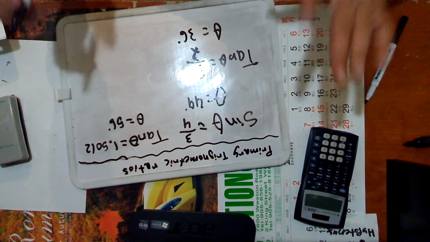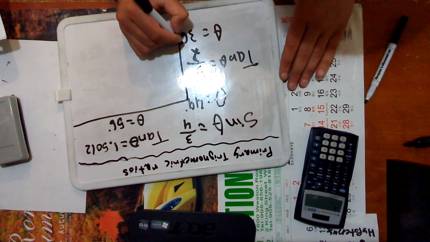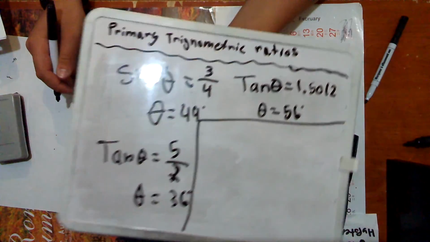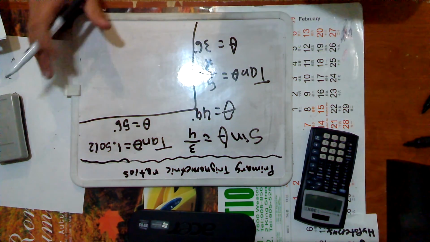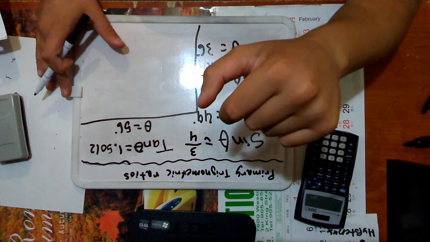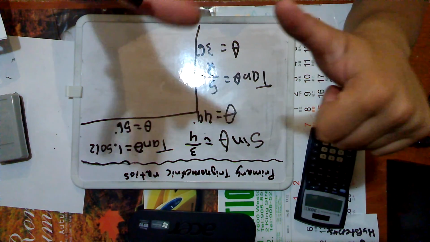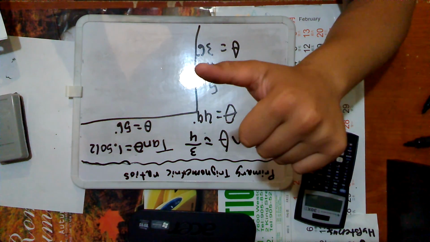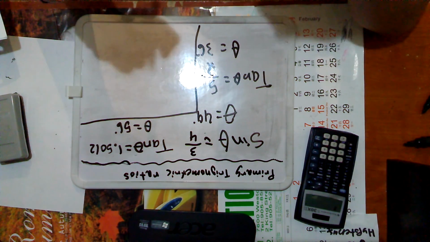Now, after this, I want to just bracket this for a little bit. Look here. This is what we got. Now, I want to go back to what I said in the beginning, that in grade 11 there are 6 trigonometric ratios, while in grade 10 there are only 3.